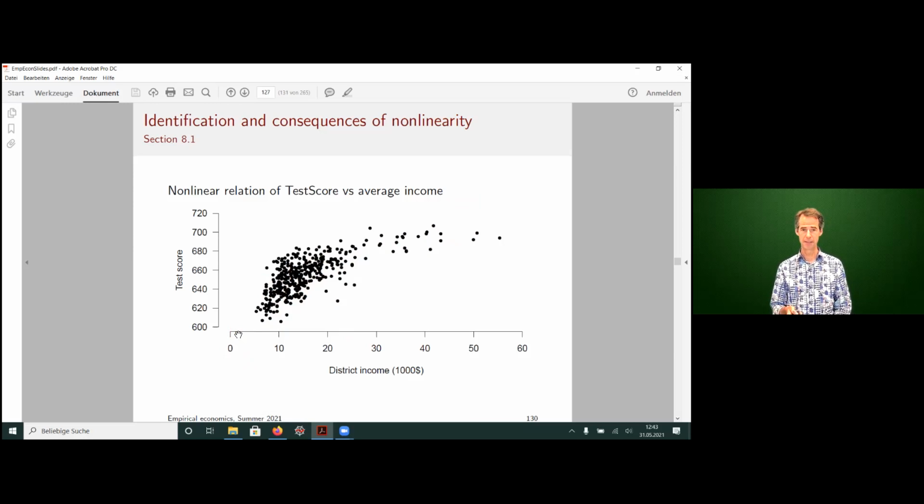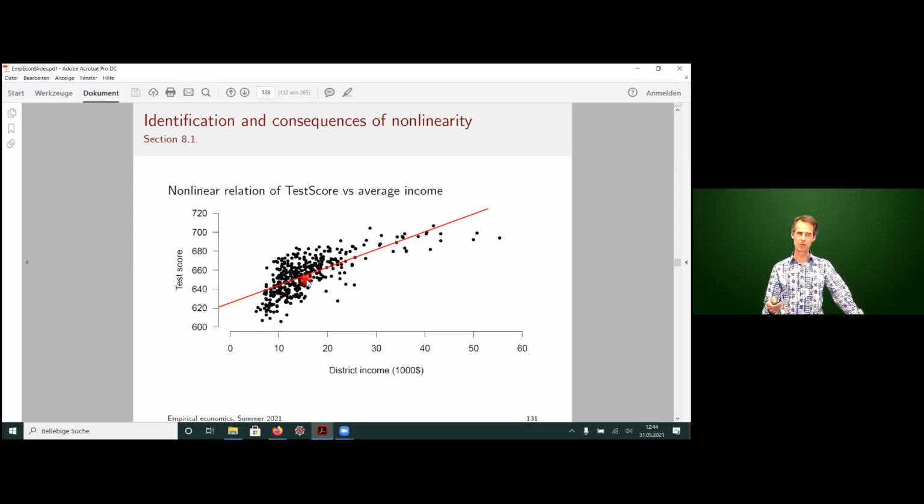This is the fitted best linear relationship, and you see that this line does not really approximate the underlying relationship between income and test scores appropriately.